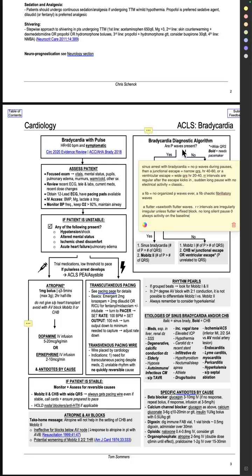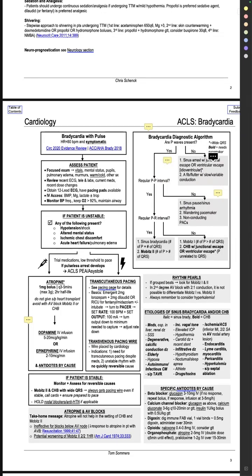specific ratio. Okay, so let's say the P waves are present. So in that case, are the PP intervals, the time between each P wave, the same? If not, then it's a sinus pause, sinus arrhythmia, wandering pacemaker, or non-conducting PACs.